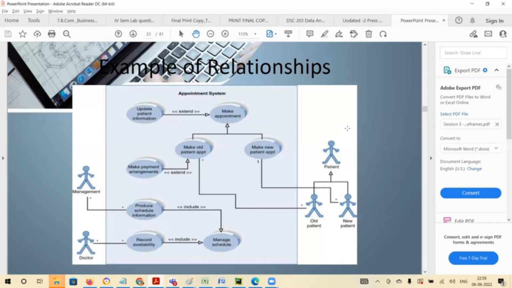See, if update patient information is there, we're adding make appointment to that. So there we can use extend. And when we break one part into smaller parts, there we can use include, as per my knowledge. Yeah. Okay.